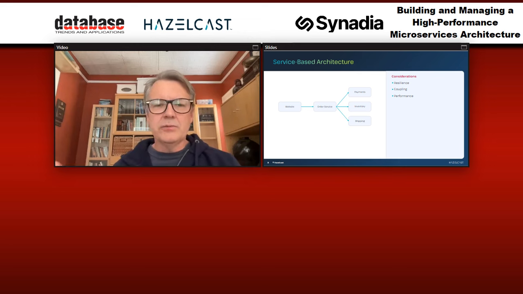All right, so we can just start right there and consider a few things from three perspectives. First, resilience. These microservices calling each other is typical. What happens if I'm accepting an order on the website and the payment has happened and the call to the inventory has happened, and then the shipping service is not available?